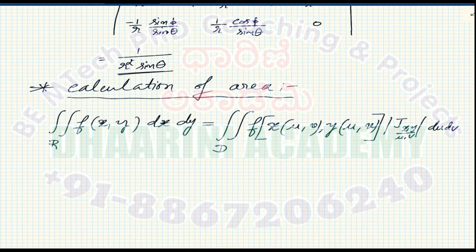Just to cancel that, to nullify that, we multiply by the constant that comes after solving the determinant of the Jacobian. All right, so that's what the calculation of area is all about.